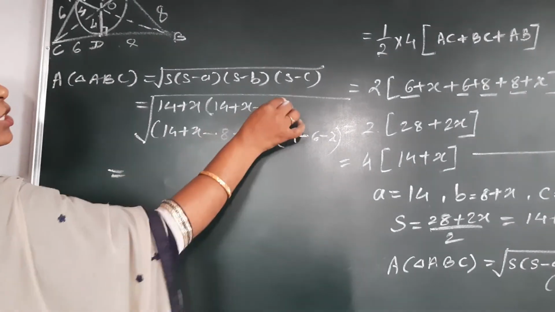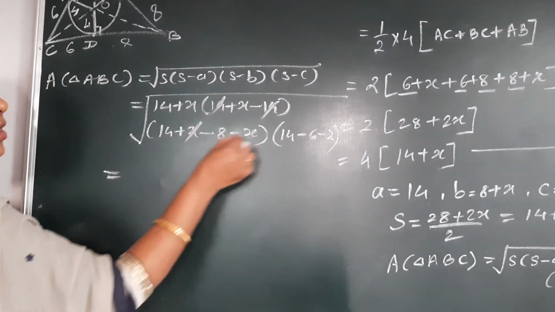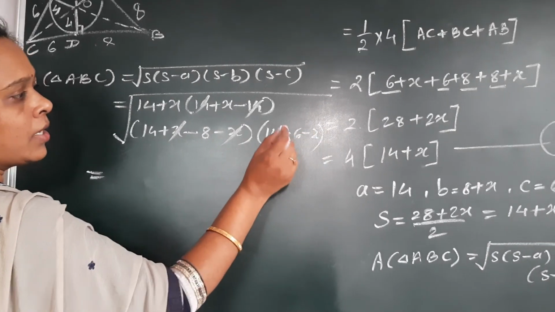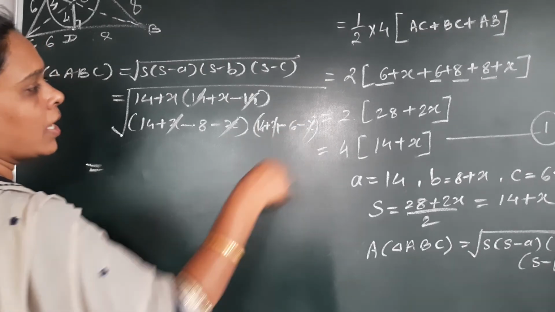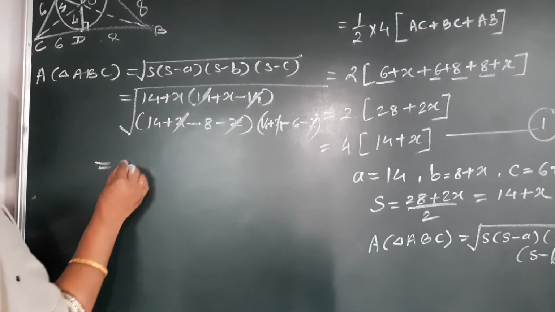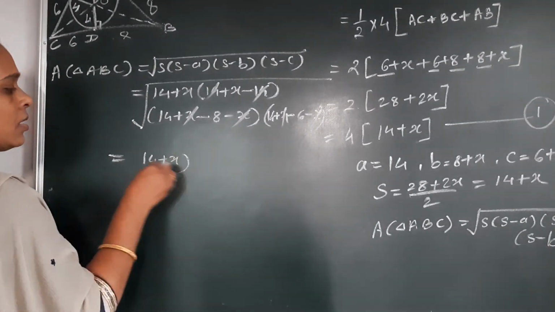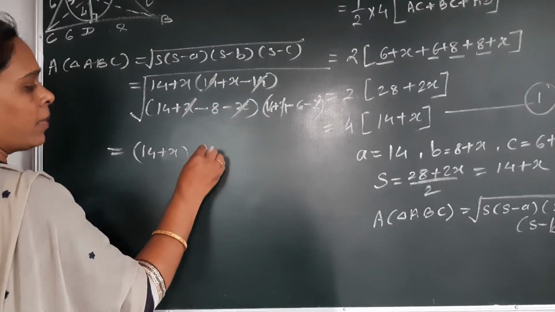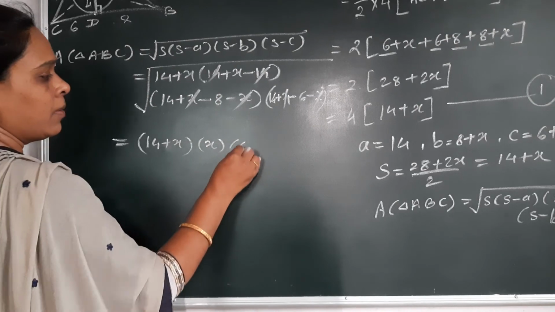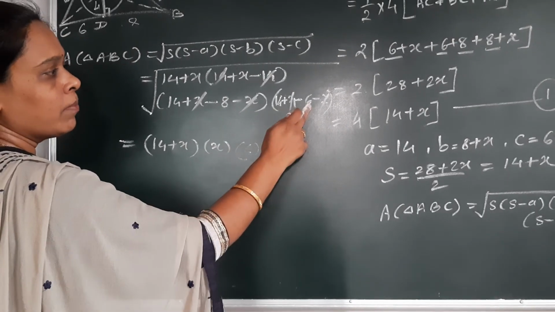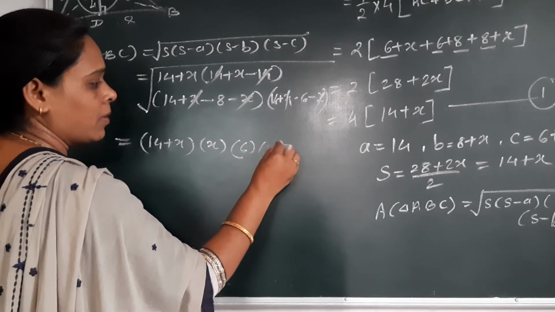Now here this 14 gets canceled, x gets canceled, and in the first bracket it is 14 plus x. Now the remaining values are 14 plus x. Here in the second bracket only x is remaining. In the third bracket 14 minus 8 means 6 is remaining. 14 minus 6 means 8 is remaining.